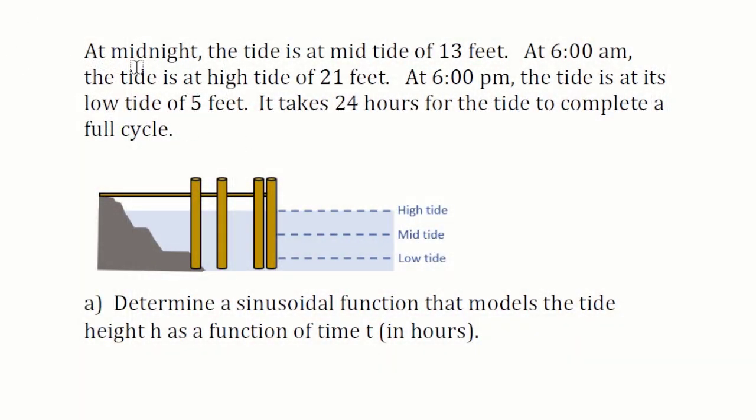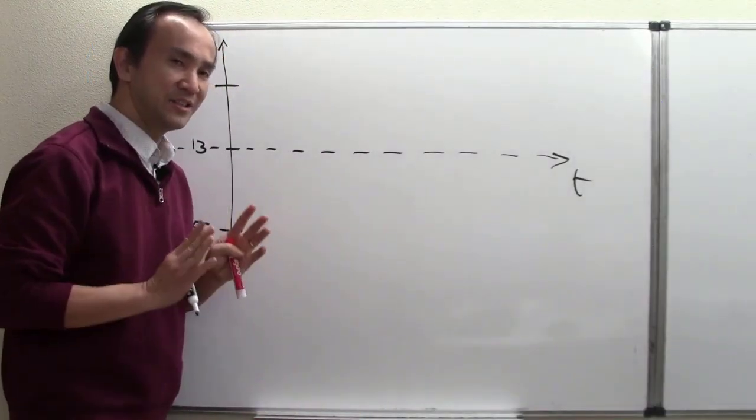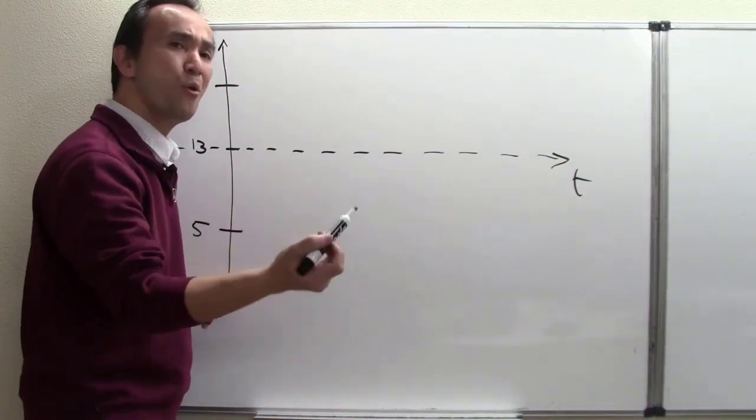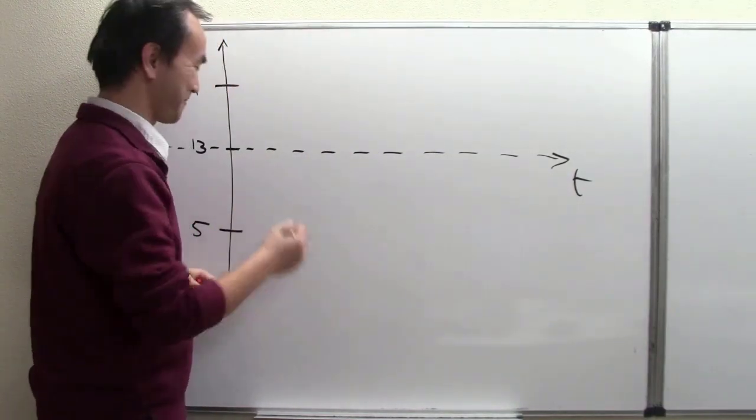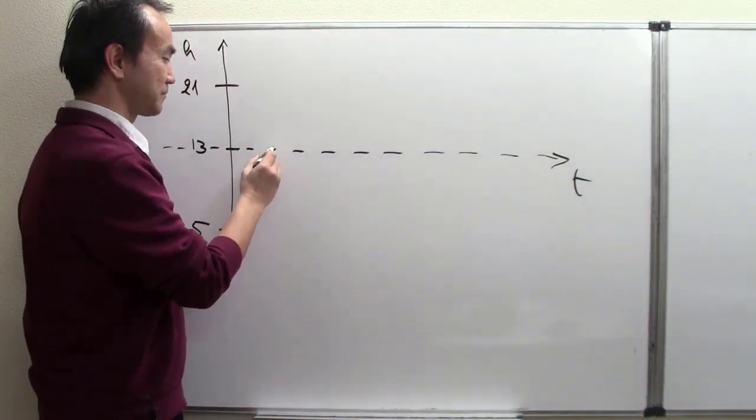All right, so now at midnight, the tide is at mid-tide, 13 feet. I can just simply put that down as a time point, just a time point here.